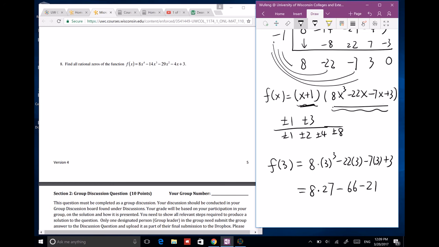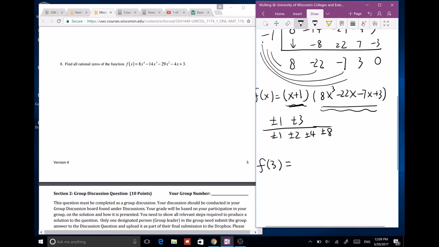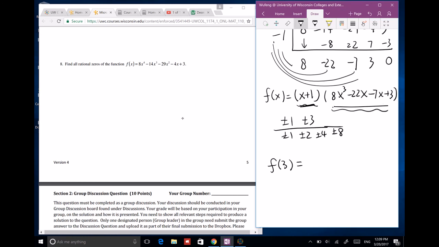Okay, so we need to test. Maybe now we have to test 1/2. So let's check 1/2. Although I don't want to check 1/2, but now I think we need to check 1/2. 1 gives 8 minus 22 minus 7, doesn't work. -1, so the 8 plus that doesn't work.